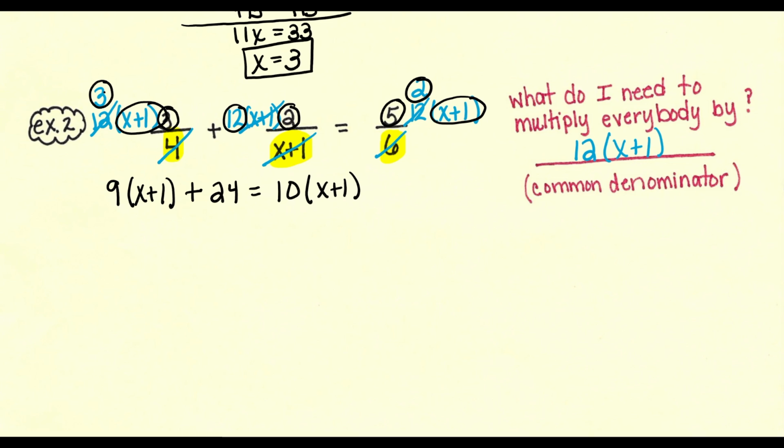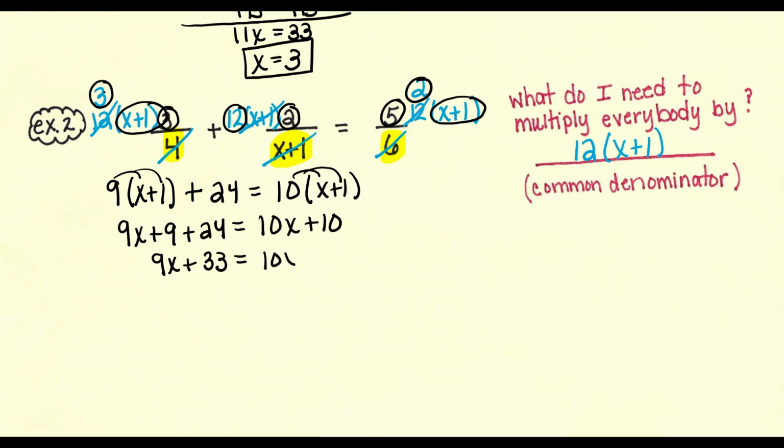So then distribute. That gives me 9x plus 9. Bring down your 24 is equal to 10x plus 10. To solve this equation, collect your like terms. So 9x plus 33 is equal to 10x plus 10. Get your x's together.